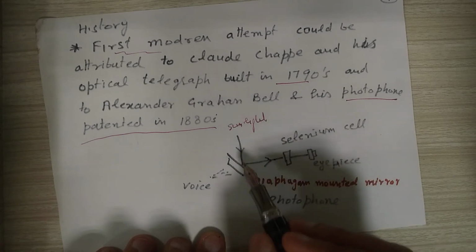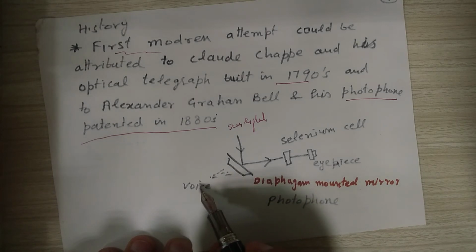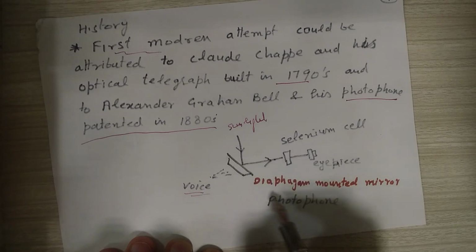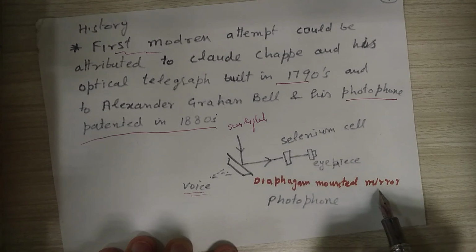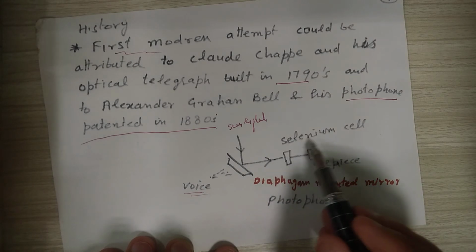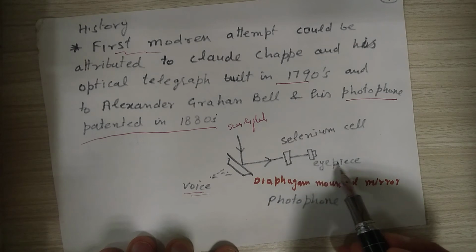If this light is coming, and from here this is voice, and here this is the diaphragm, and this is the mirror, the diaphragm-mounted mirror, this combination. And here some electronic components, a selenium cell is used, and an eyepiece is placed here.